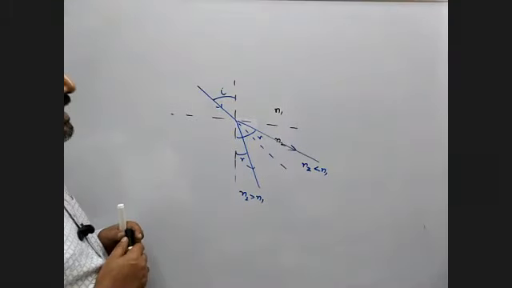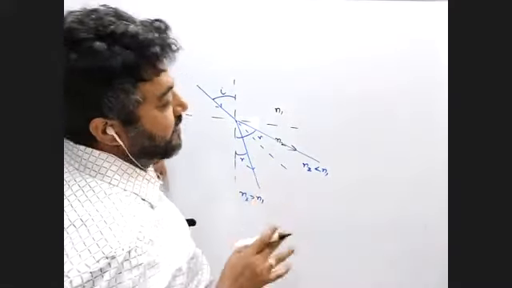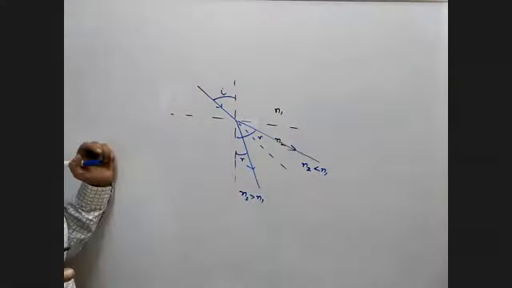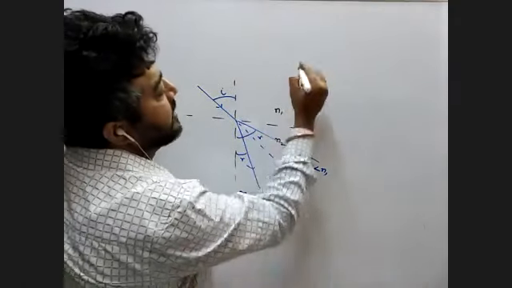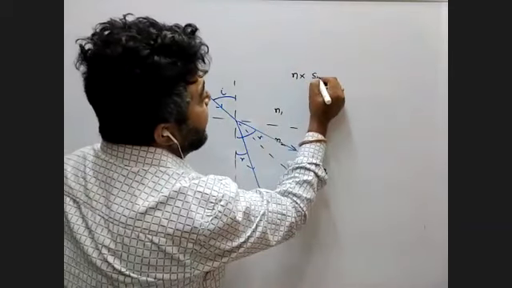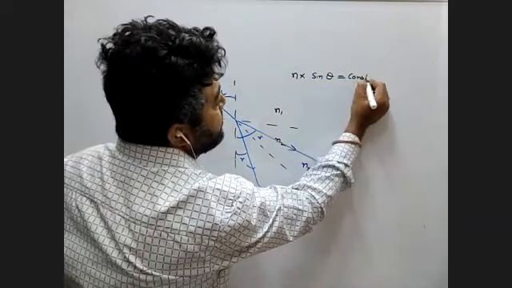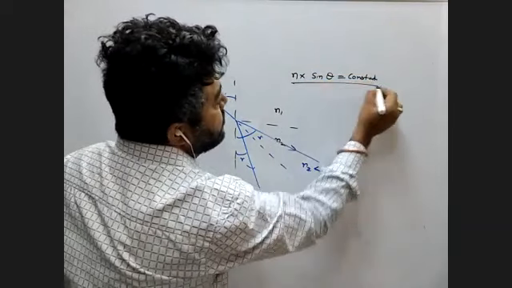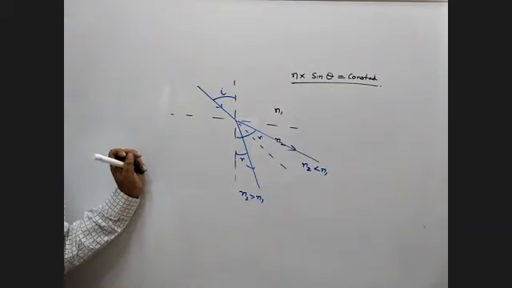Now the second law is that when a ray travels from one medium to another medium, the product of the refractive index and the sine of the angle remains constant.